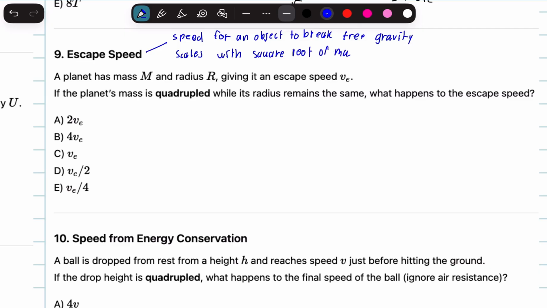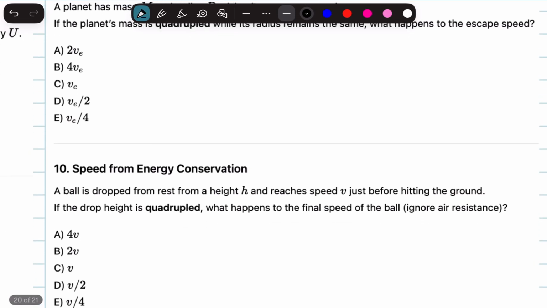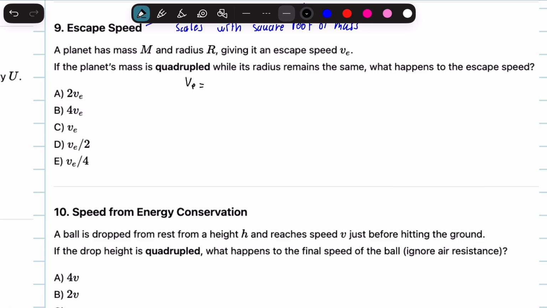So what does this mean? You have the formula VE is equal to the root of 2GM over r, where VE is escape speed, M is planet mass, and r is just the planet radius.